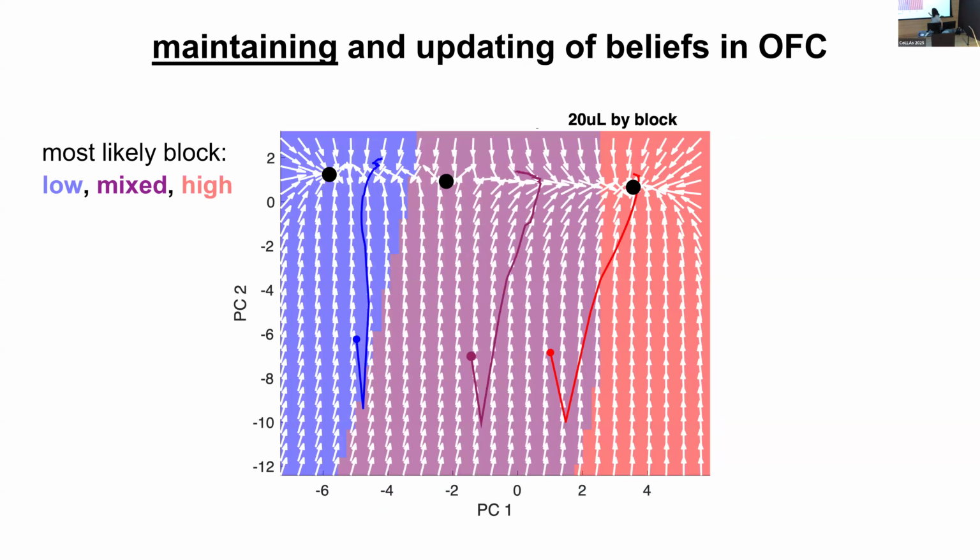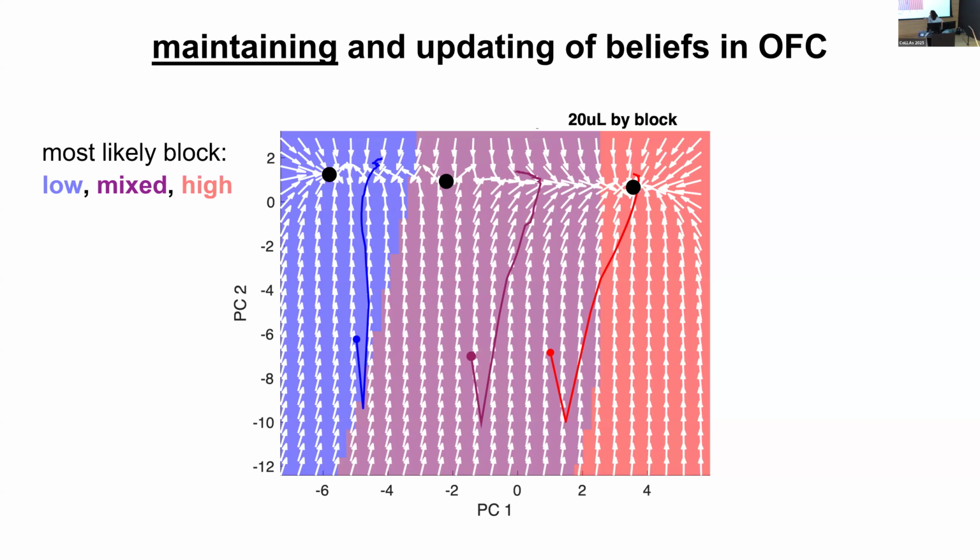Okay, this is a slightly different architecture. The first one was an LSTM. This is a GRU. GRUs look prettier, so I'm going to show you the rest of the plots in GRU space. But basically, it's the same kind of plot in a different network. Here I'm showing you in different colors, blue being not very visible, what happens with the dynamics if I am in a block of different kinds, and I'm getting a 20 milliliter offer in this particular trial.